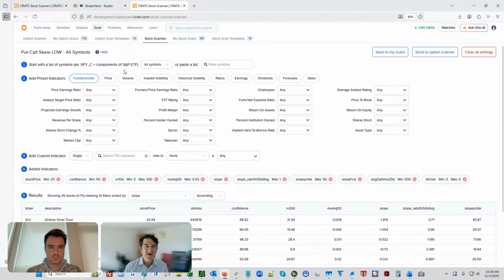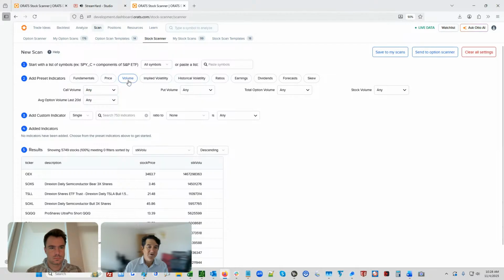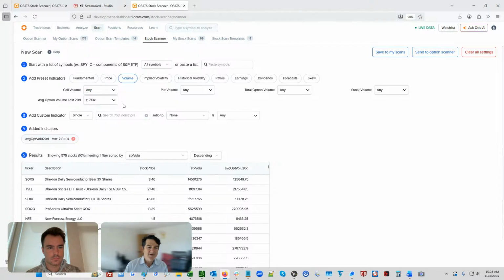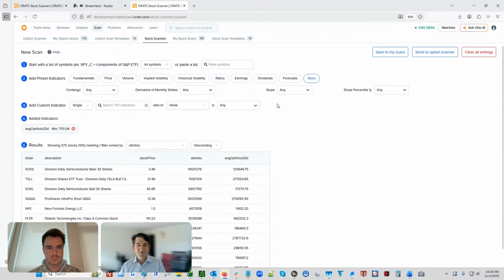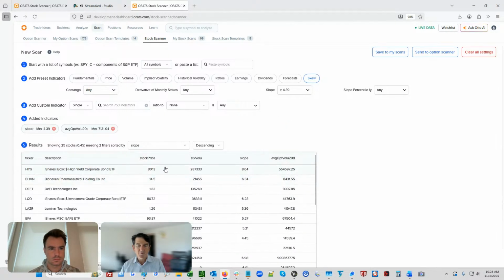If we were looking for a high slope, I'd clear these settings and look. I always like to put in volume, so I want volume over 7,000. Then I want to find skew. Here's skew, slope that is high, and we'll sort it by the slope.